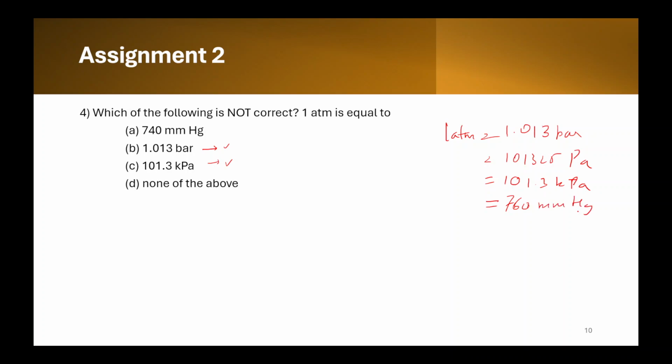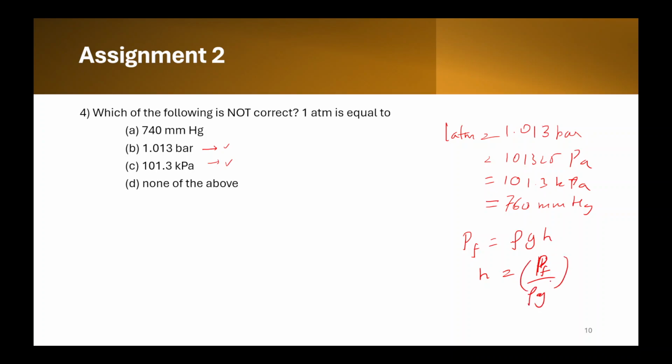So mm of Hg, or head of some fluid, is another way of expressing pressure. We know P of some fluid can be equal to rho gh, so this h can be P by rho g.